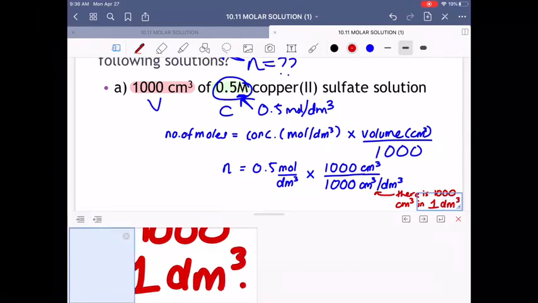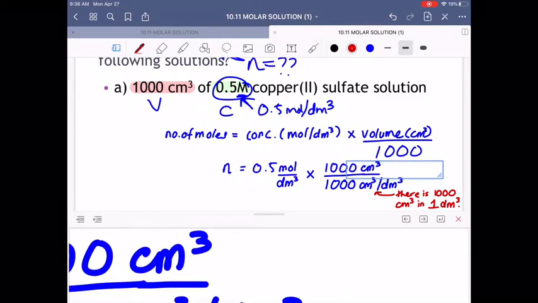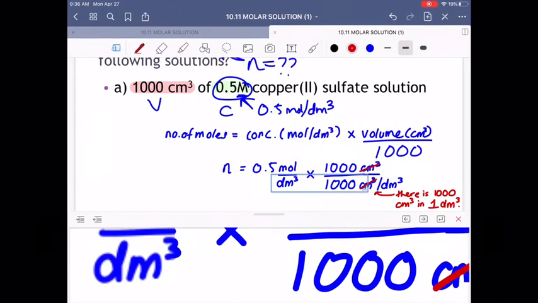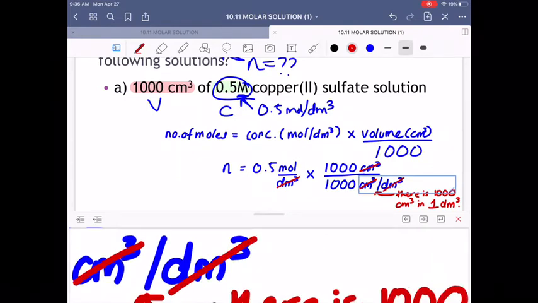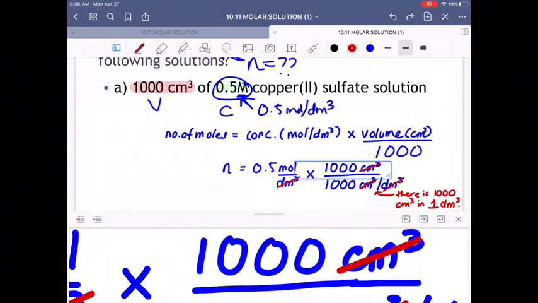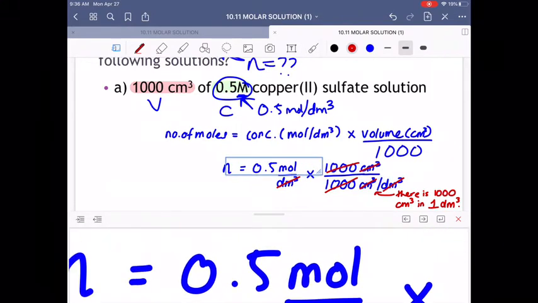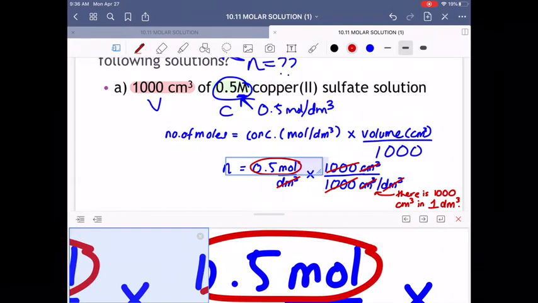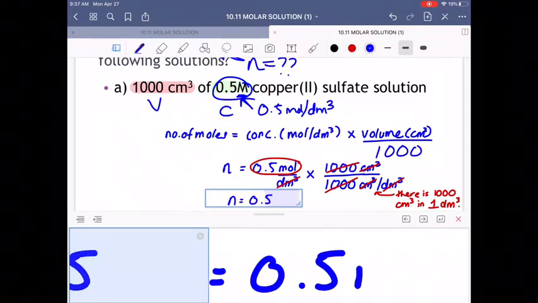So now you can cancel the units. This one cancels with this one. This dm cube will be cancelled with this one if you work out your fractions and division. You can cancel this 1000 and 1000, top and bottom, leaving this 0.5 mole. Therefore your answer is number of moles equal to 0.5 moles.